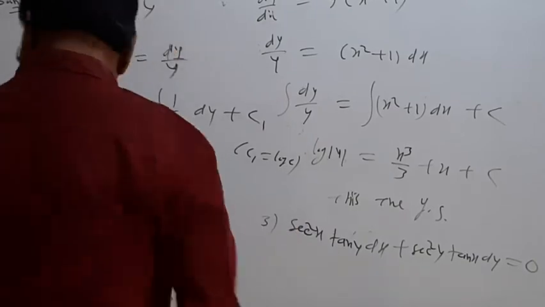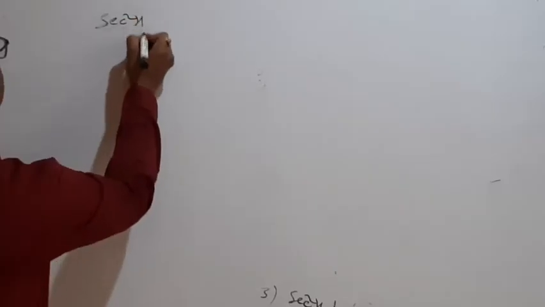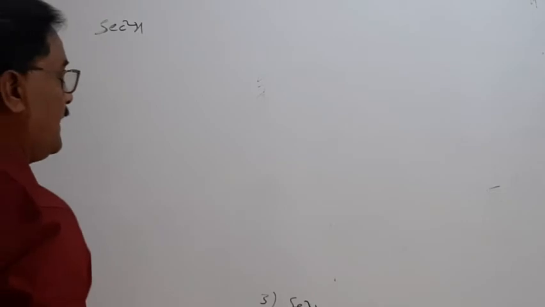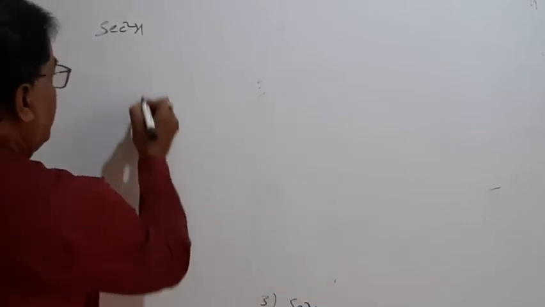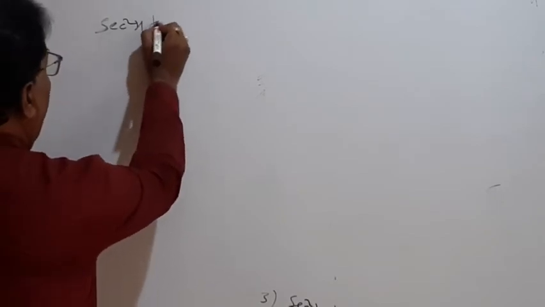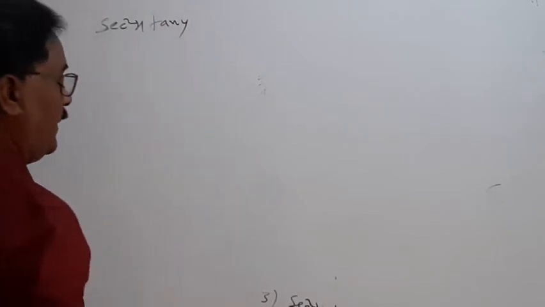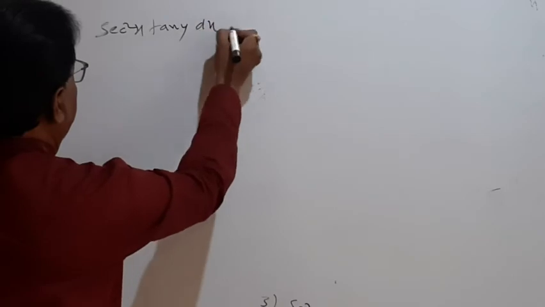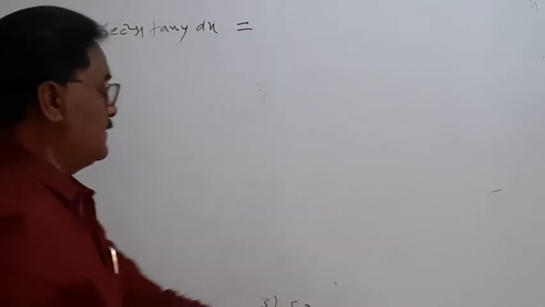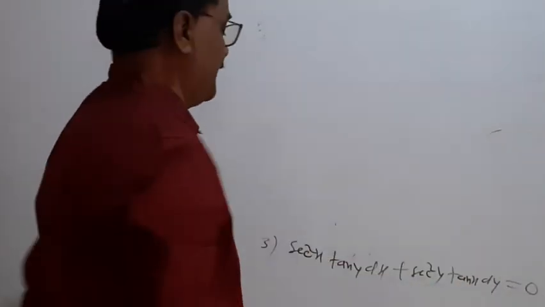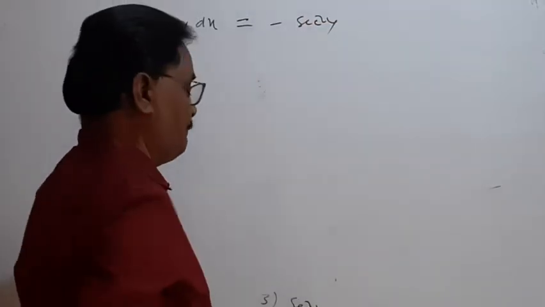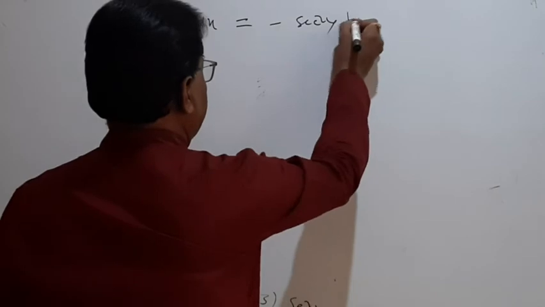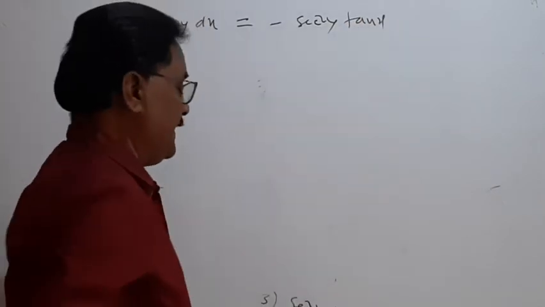So here sec square x tan y dx is equal to, transferring to the right hand side, minus sec square y tan x dy.